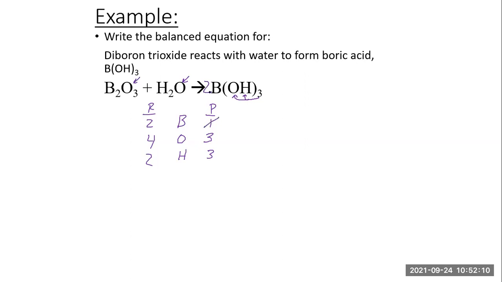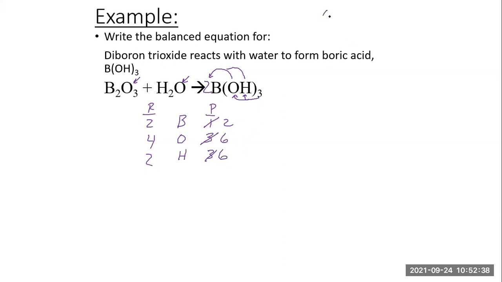So what does that do for everybody? Well, that gives us the two borons that we need. Now, in addition to distributing the 3 to each of the guys in the parentheses, we also have to multiply each of those by the 2 on the outside. So that gives us 2 times 3, which is 6 oxygens, and 2 times 3, which is 6 hydrogens.